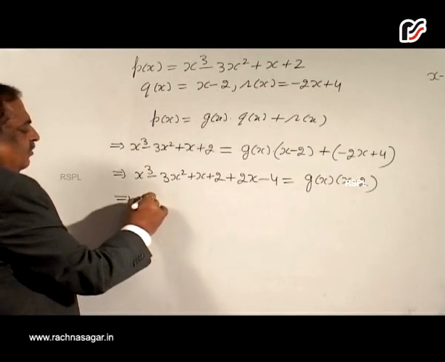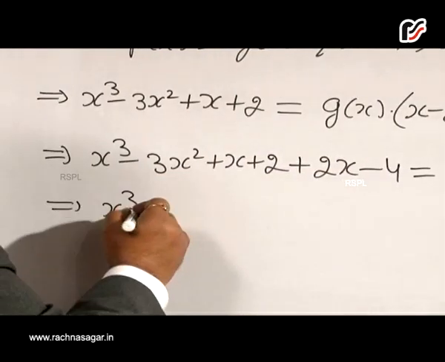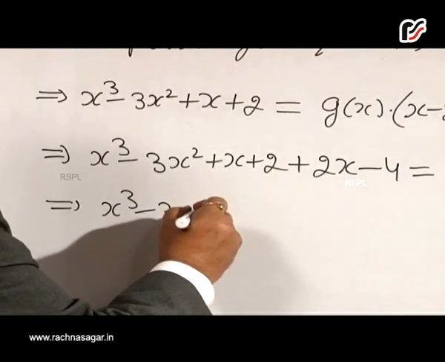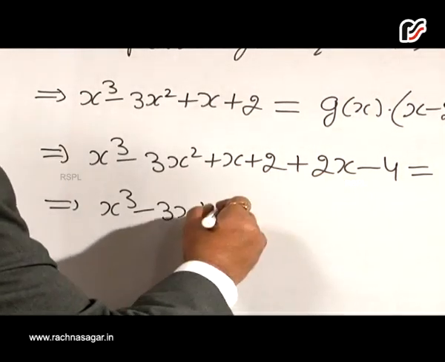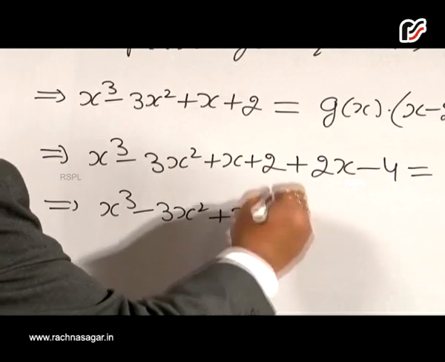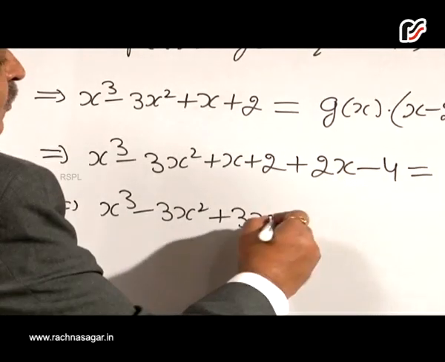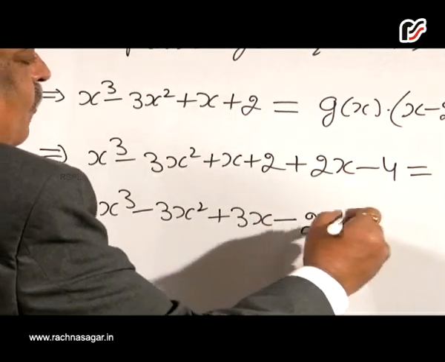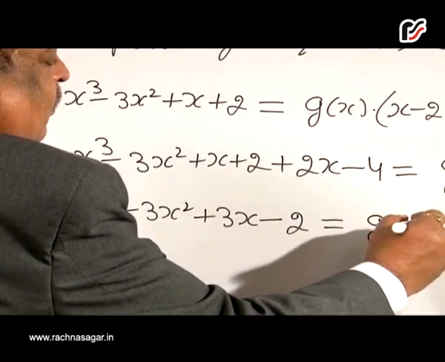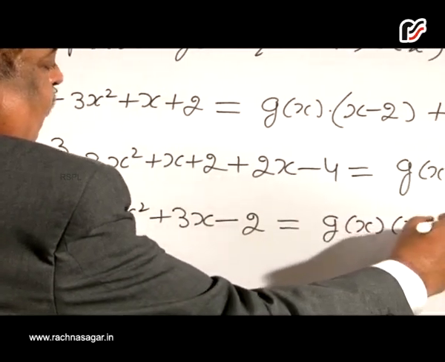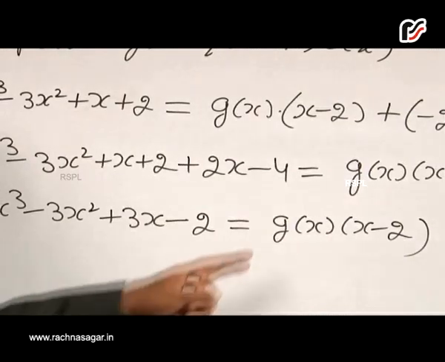Now this expression becomes x cube minus 3x square plus x plus 2x, plus 2 minus 4, that is x cube minus 3x square plus 3x minus 2, which equals g(x) into x minus 2.